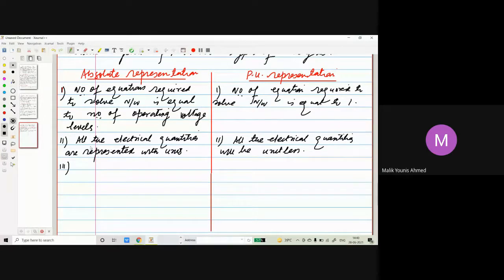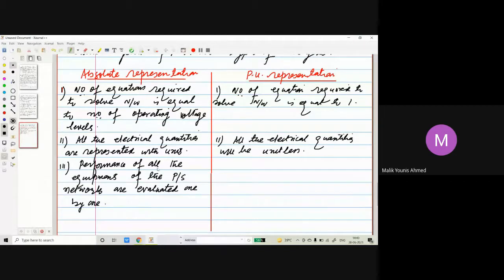So here we will see performance of all the equipments of the power system networks are evaluated one by one, in various sections.